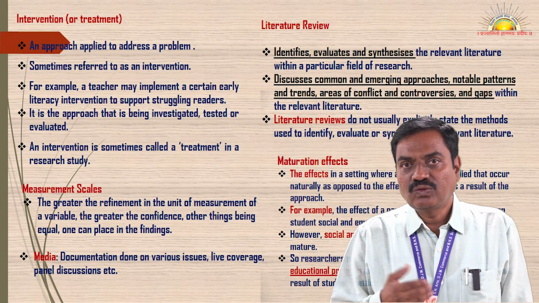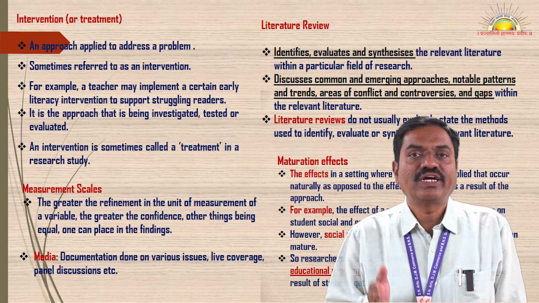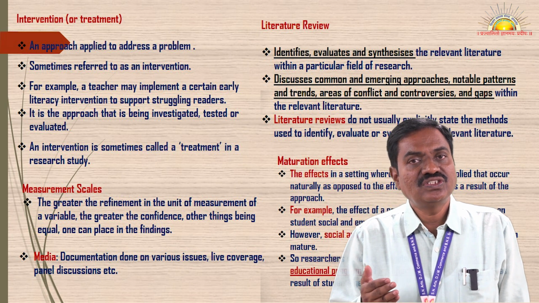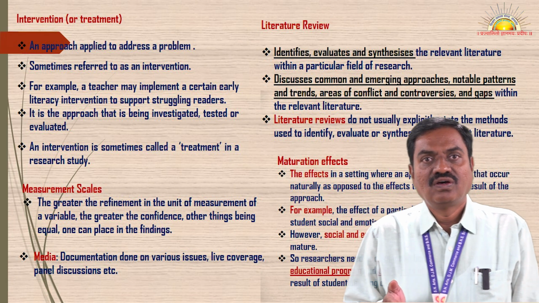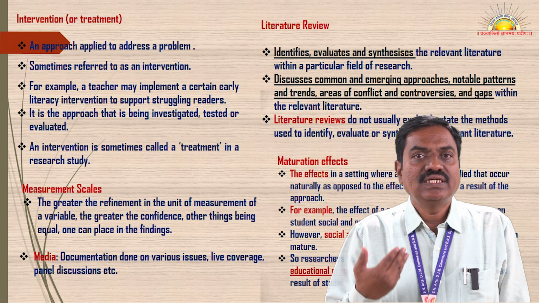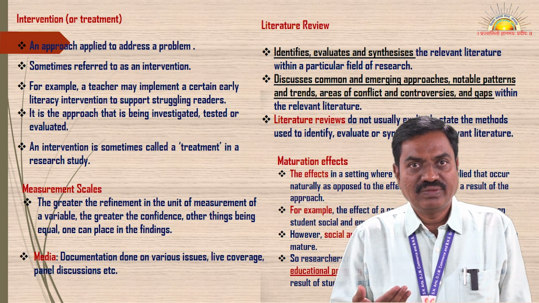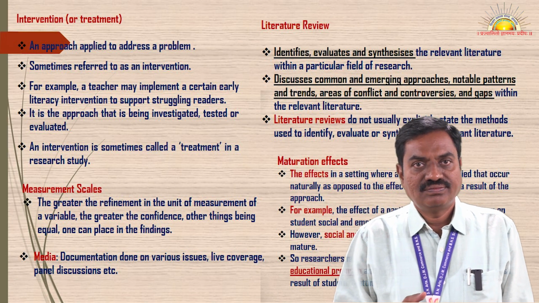However, social and emotional skills develop over time as children mature, and so researchers need to distinguish between the effect of the educational program and the effects of natural development as a result of students getting older.